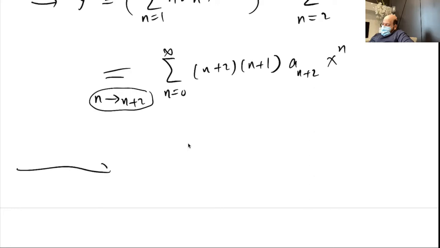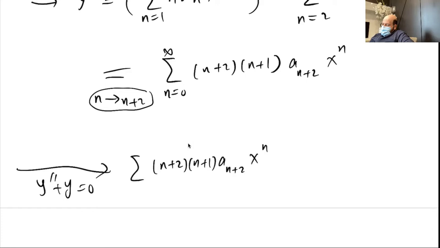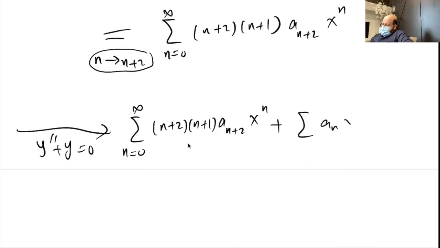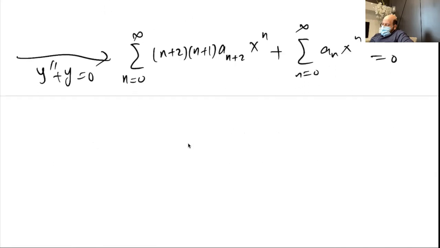Now, if I substitute back, I know that y double prime plus y equals 0. So then I'll get sigma n plus 2 times n plus 1 a n plus 2 x to power n, from 0 to infinity, plus sigma y, which is sigma a n x to power n, from 0 to infinity, equals 0. Now again, I know that if I have sigma b n plus sigma c n, I can write it as sigma b n plus c n.